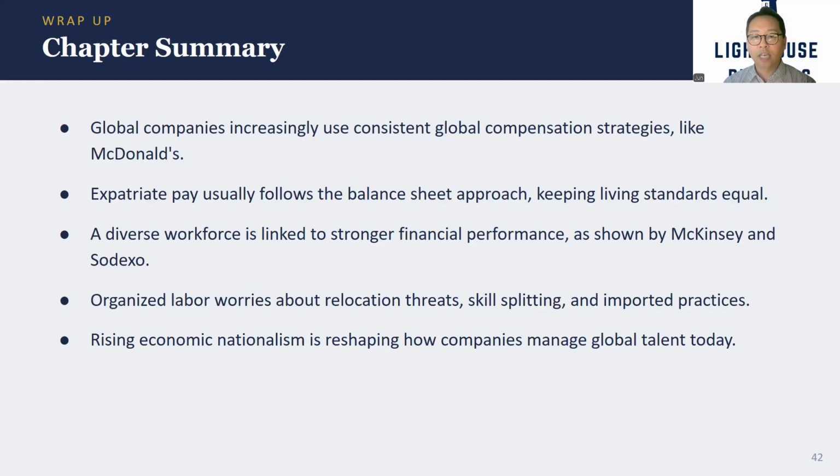Unions have had limited success organizing across borders to counter this. Finally, rising economic nationalism and tighter immigration policy are actively reshaping how companies manage global talent right now, pushing some firms back toward more local staffing and more distributed global investment.